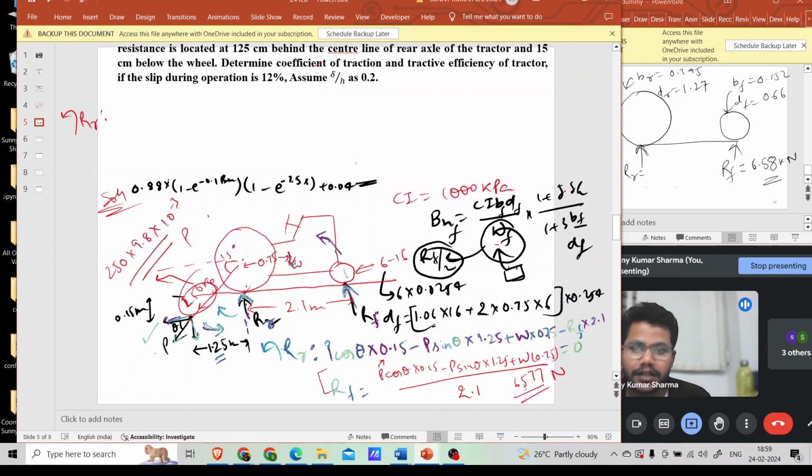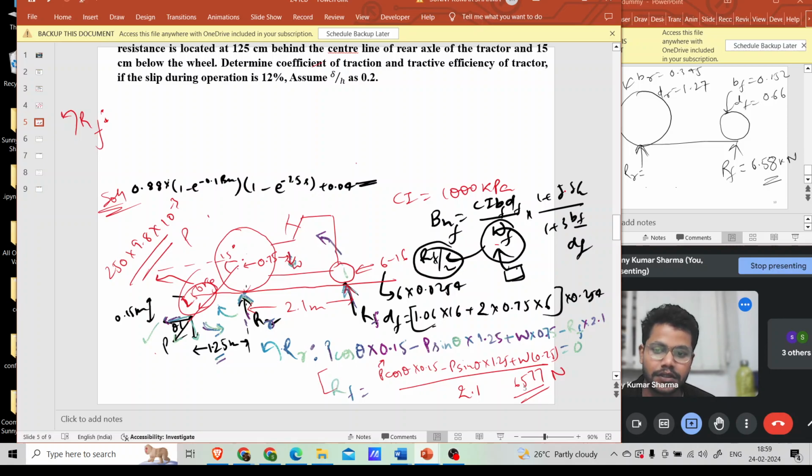So now you tell me what will be the moment balance around RF, as we have already done for RR. What will be the sign, negative or positive, for P cos theta, P sin theta, RR and W?